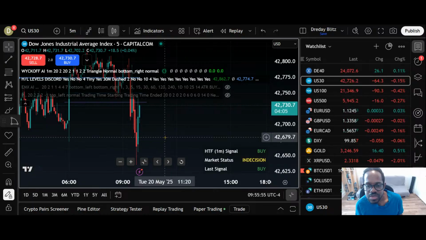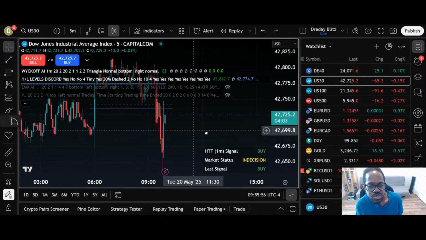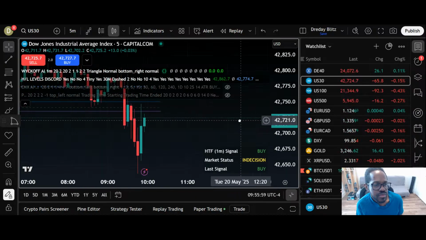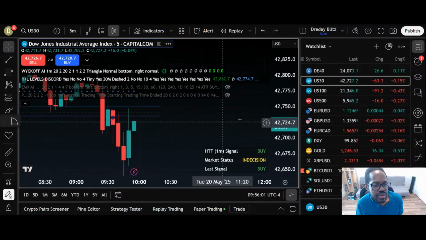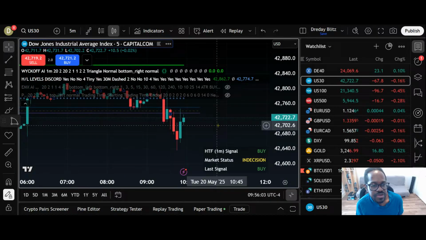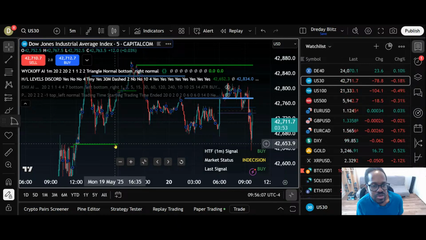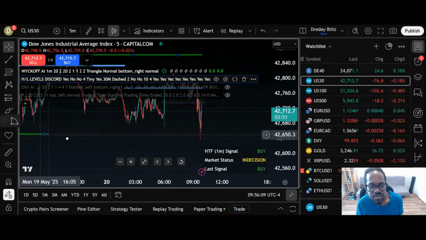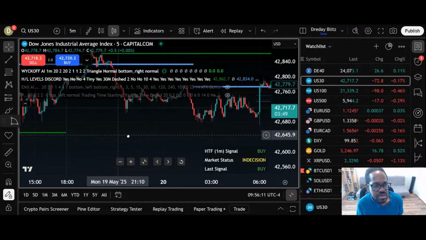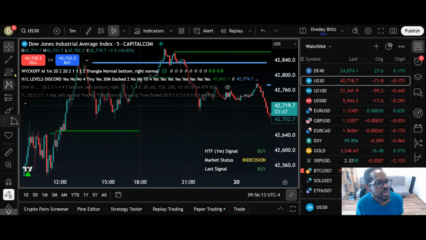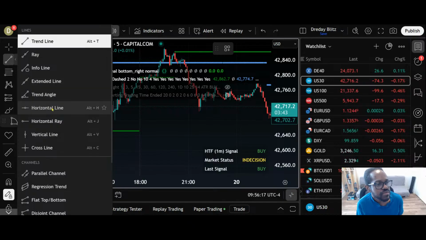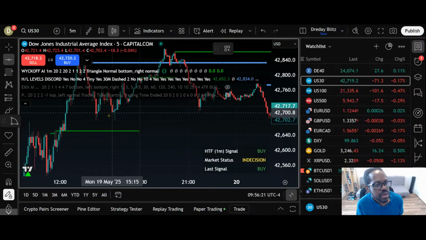US 30, so Dow Jones, started to retrace, and that's exactly what we expected. So it went to that level and tapped it. You could see it tapped that 5-minute support level. It's gonna put a horizontal line. Boom.